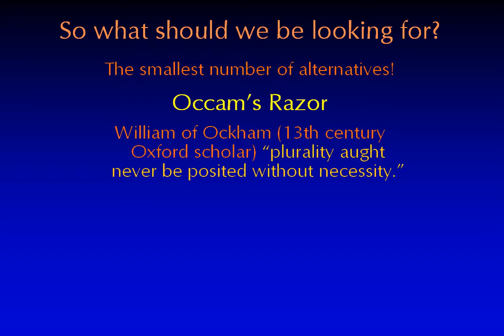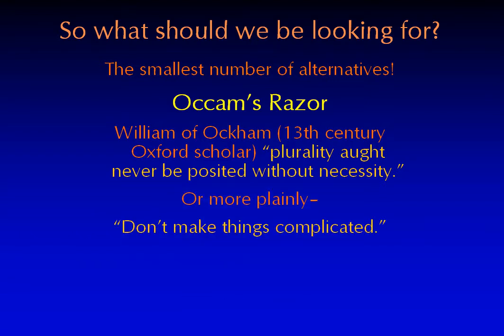Plurality ought never be posited without necessity. In more modern terms, if you don't understand how something works, assume the simplest thing that it could be, or plainly, don't make things complicated. Or even more plainly, kiss. And if you don't know what that is a mnemonic for, ask the person sitting next to you.